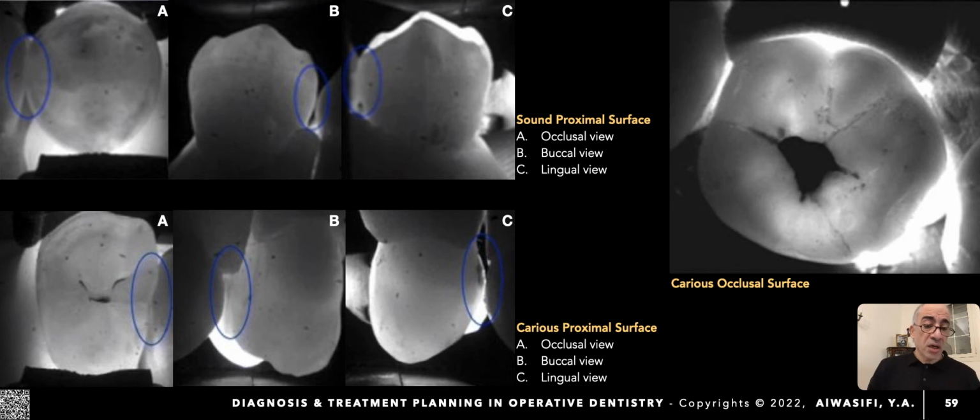The lower left side shows the difference in darkness in carious proximal surfaces from occlusal, buccal, and lingual views, but the much more obvious, clear, and descriptive photograph is the one on the right, of a carious occlusal surface. This could illustrate to you and your patient the caries lesion, its presence, and its detection.